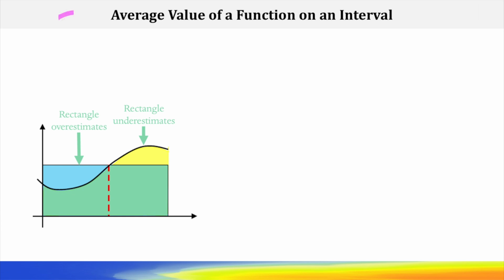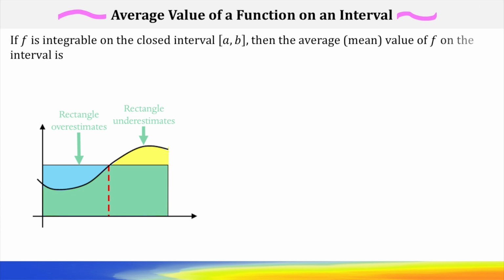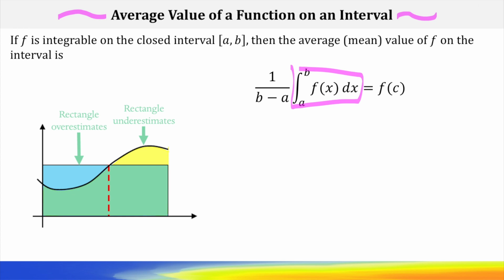And this brings us to the average value of a function on the interval. If f is integrable, I always struggle with that word. But anyway, if you can integrate f on the closed interval [a, b], then the average value of f on the interval is 1 over b minus a times the area under the curve.